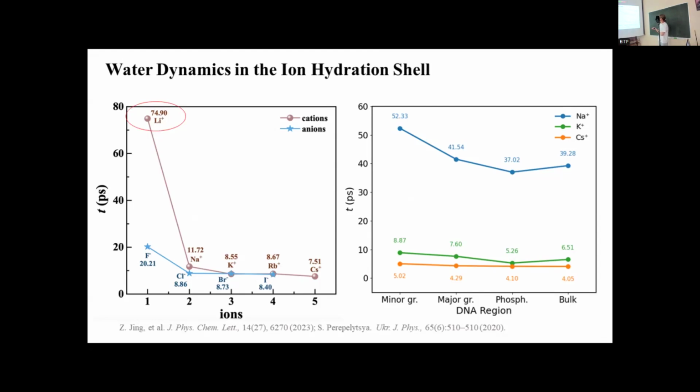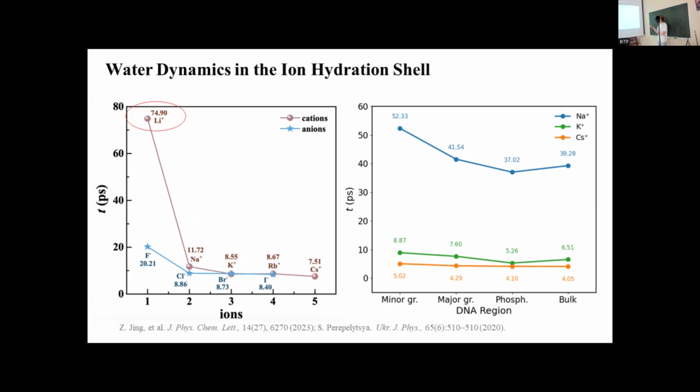But the graph on the right also shows that the residence time of water molecules around ions strongly depends on the position of ions around the DNA. In general, the residence time of water around ions near the DNA surface is longer than in the case of the ions in the bulk.